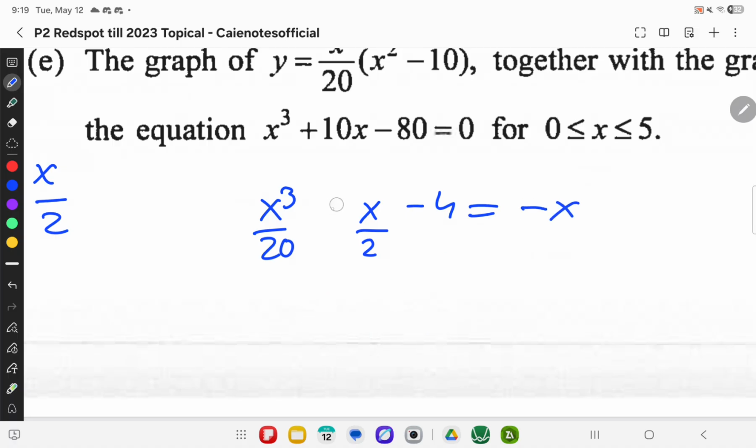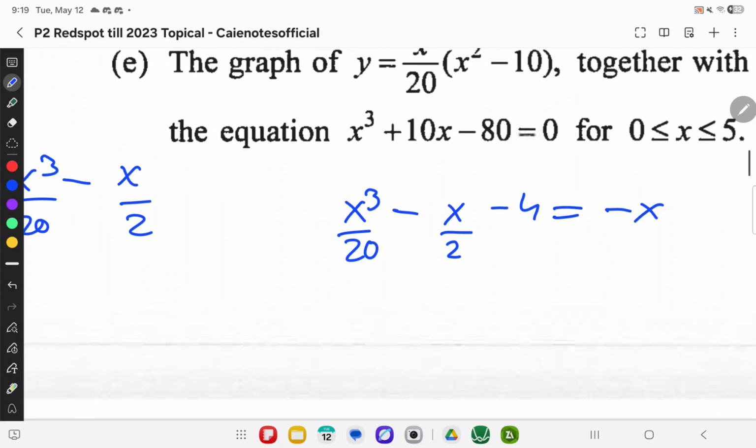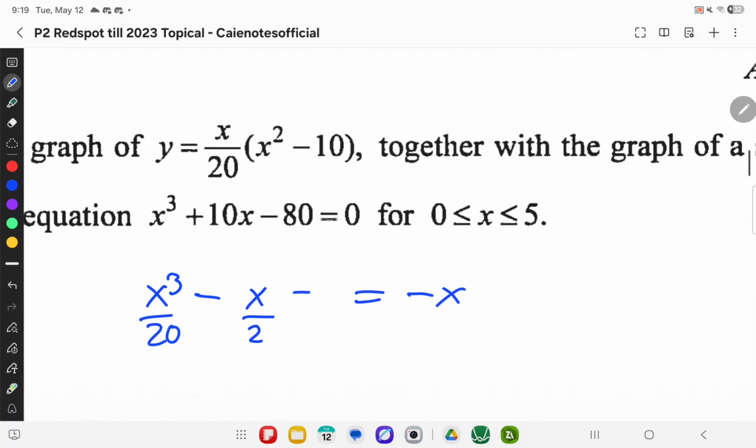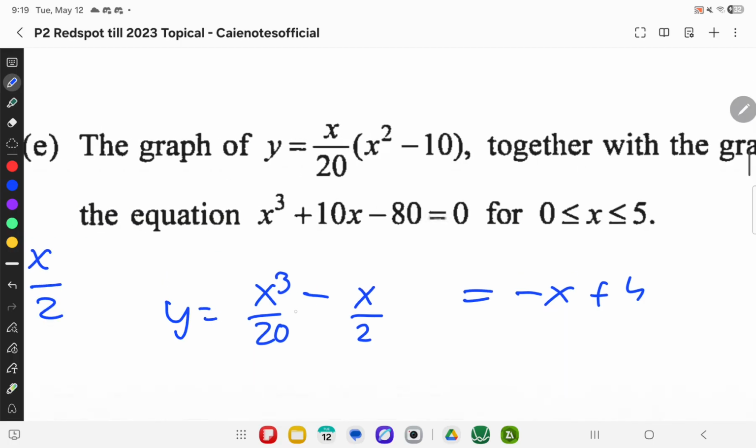So this will become negative, and this will become negative x. Finally, we have no constant value, so we add 4 on both sides. Ooh, we get this thing. y is equal to this. This is the equation of line L.